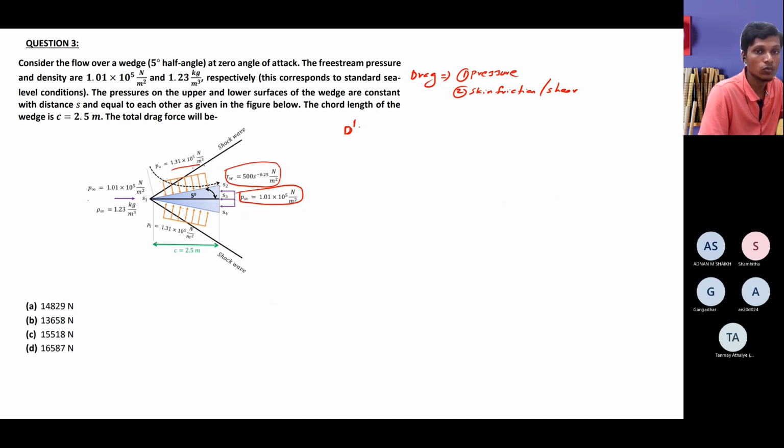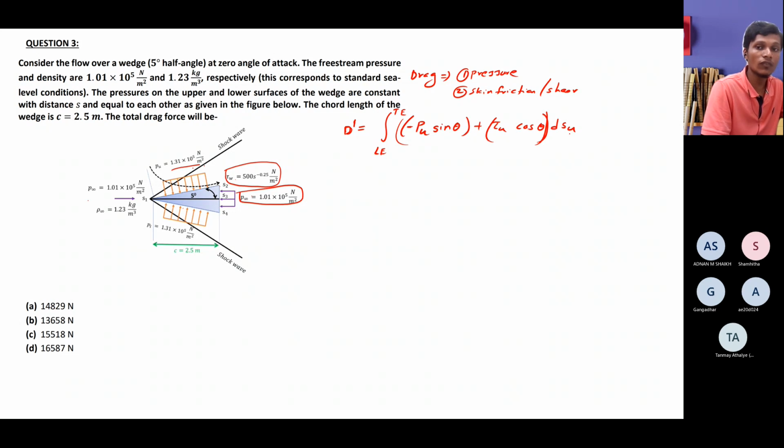That is equal to: you need to integrate the pressure and the shear stress from the leading edge to the trailing edge, pressure on the upper surface times sine theta plus tau_u cos theta, ds_u.